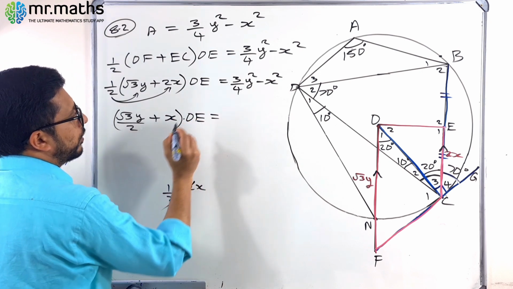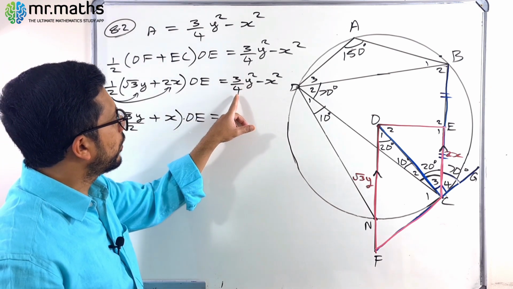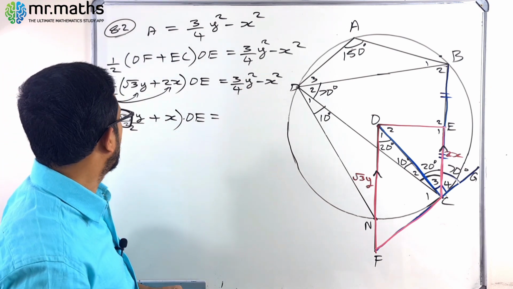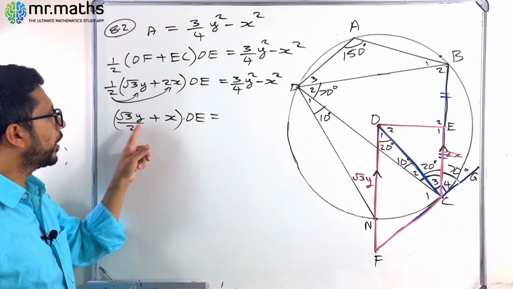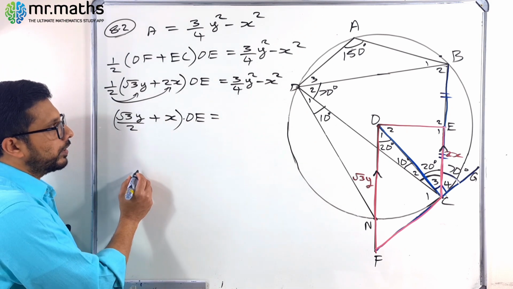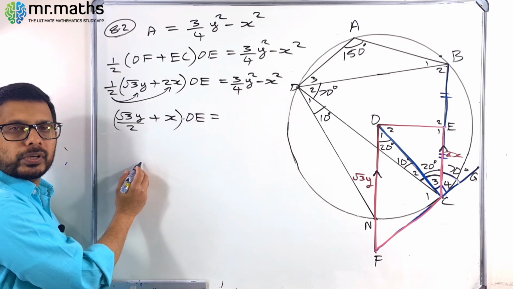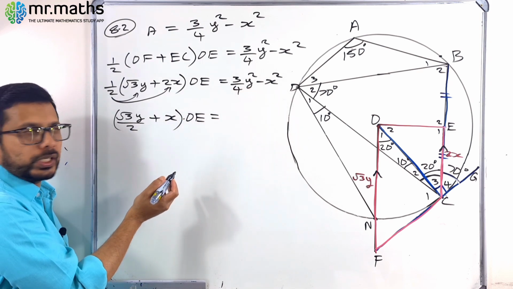OE is equal to, now here, root 3 by 4 y squared minus x squared. Can you see root 3 y by 2 plus x? Okay, so how I am going to write this one: I can see a difference of two squares there.